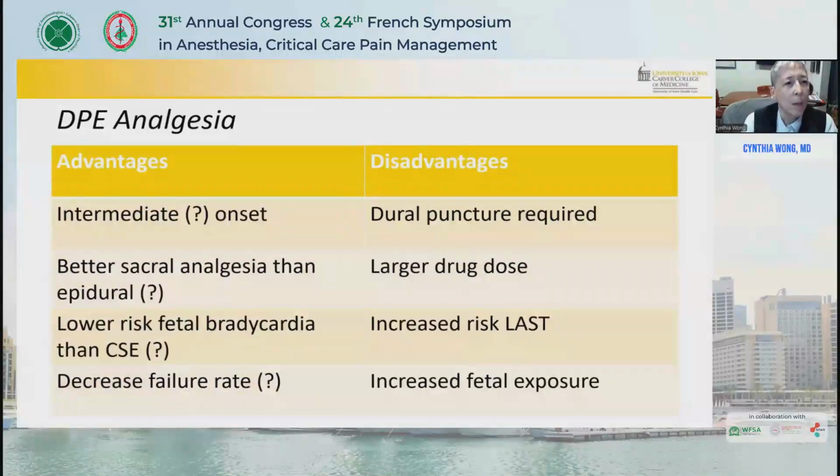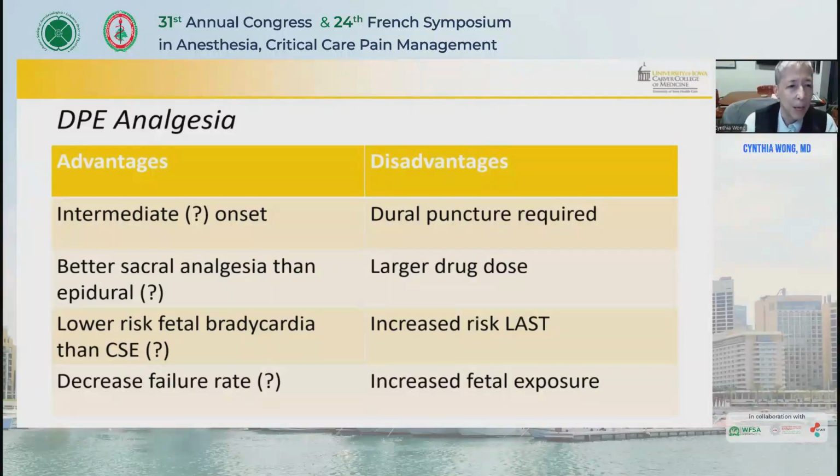What about dural puncture epidural analgesia? Well, the advantages and disadvantages haven't been as well delineated, and the studies are a little bit heterogeneous. They're inconsistent with each other. So some of the studies show that there is an intermediate onset of analgesia between a CSE and an epidural. In other words, it's faster than an epidural, but slower than a CSE.